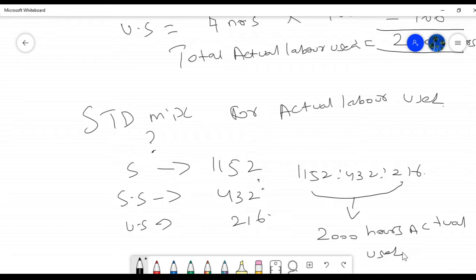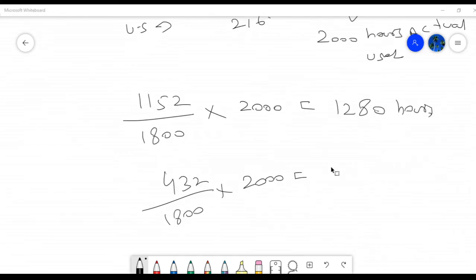Similarly, 432 divided by 1800 into 2000 equal to how much will come? 480.